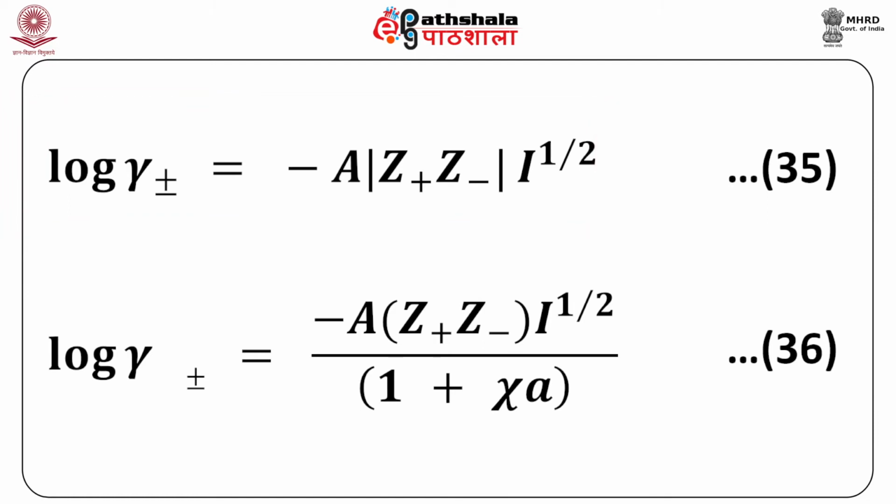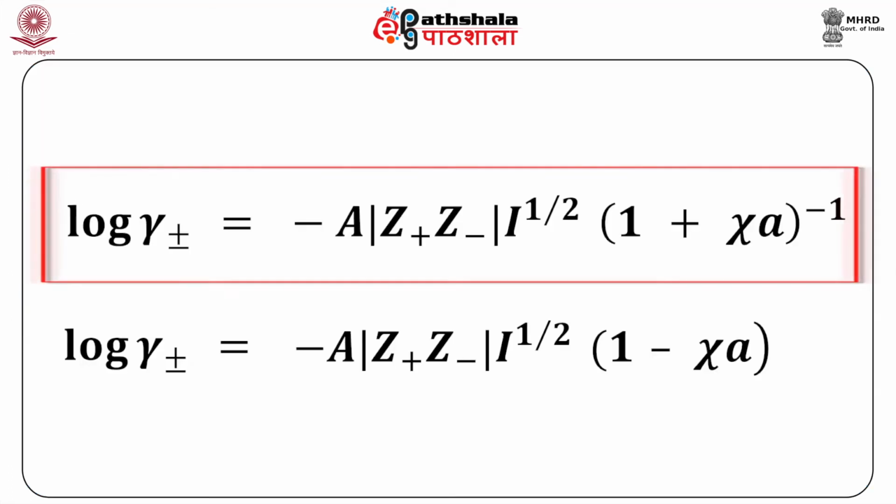Or we can have log gamma plus minus equals minus A z plus z minus root I divided by 1 plus chi a, as our equation 36. Here a is referred to as the ion size parameter. Note that the ion size parameter has the dimensions of meters.